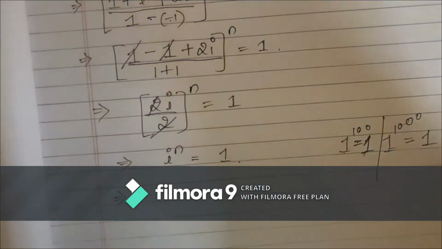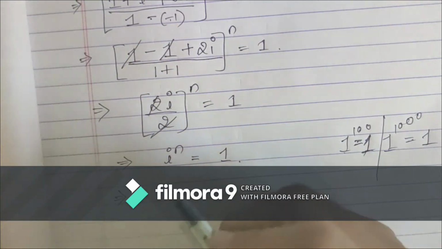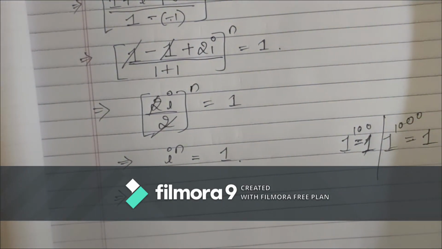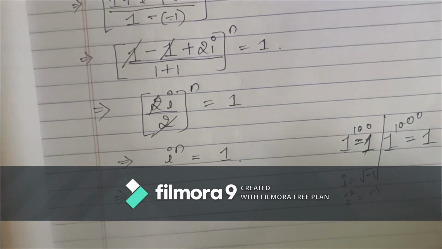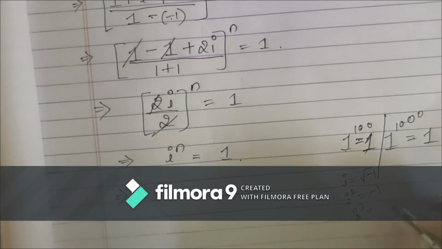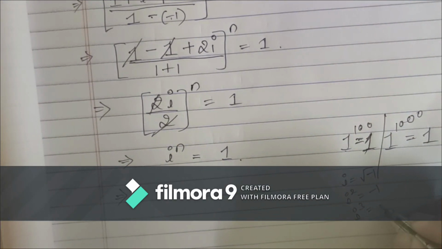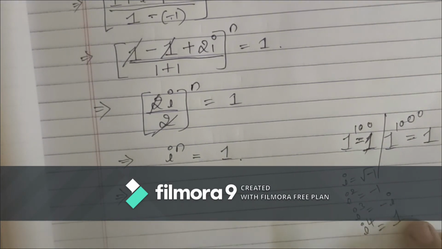For which value of n will you get it as 1? i is equal to the square root of minus 1. So i square value is minus 1, and i cube value is minus i. So i to the 4 we know that its value is 1.